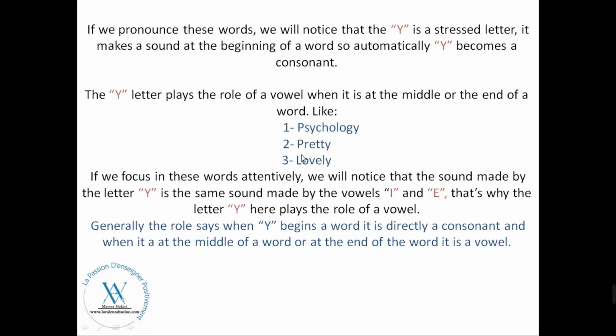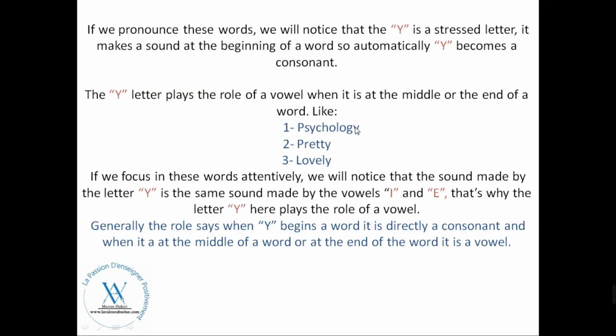Okay? So in psychology, we have two Y's. So this is the first Y, and this is the second one. The first Y here, listen to the sound of it. Sigh, I. So it plays the role of an I. You remember when we said that the letter I is a vowel? So here the Y takes the sound of the letter I, so it is automatically a vowel.